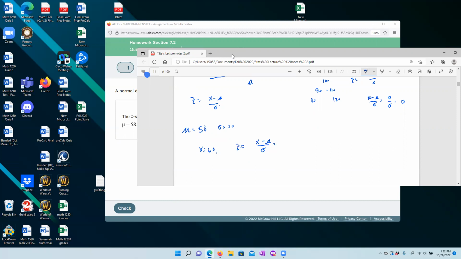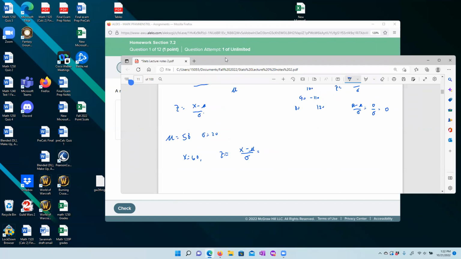But it helps if you write it down first. That tends to help. So we want 68 minus our average of 58, divided by 20.